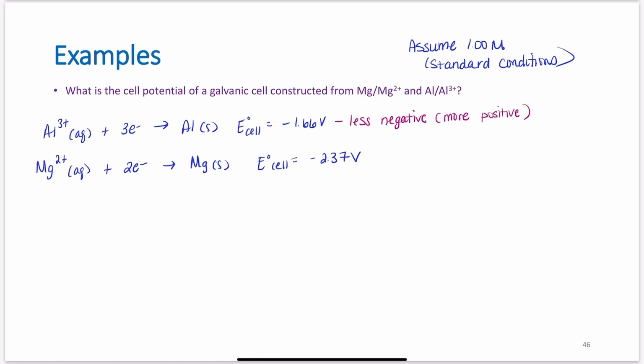So the aluminum is the species that wants the electrons most. Aluminum 3+, specifically, aluminum ion, wants the electrons more. So this will be reduced, while magnesium will be oxidized.